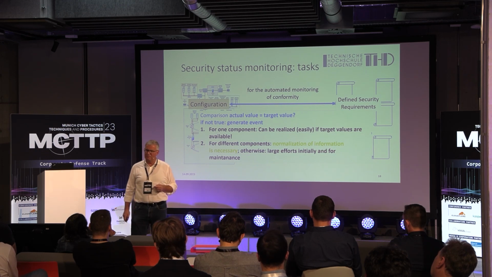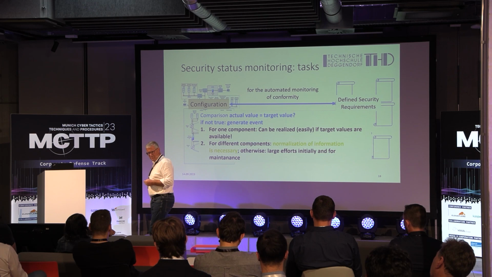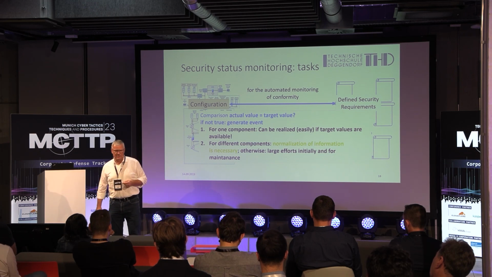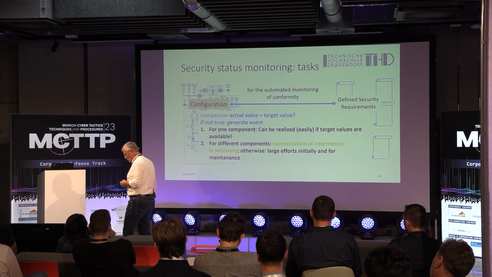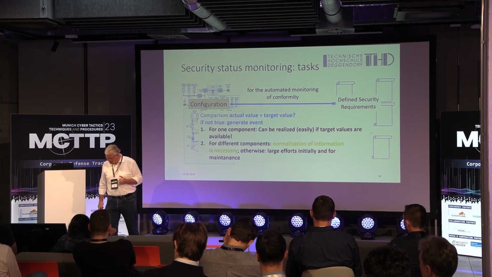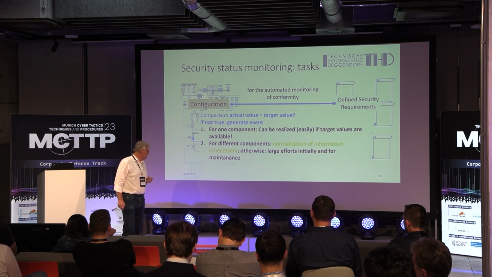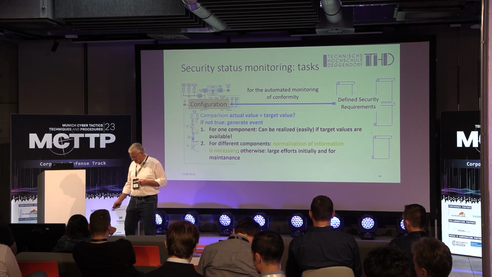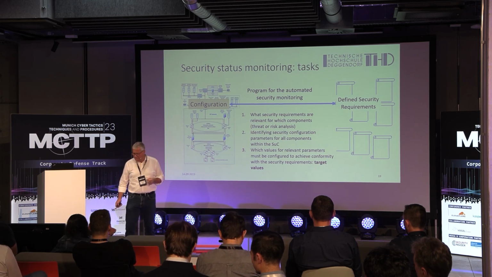Like, for example, minimum password length. The name for this is different for different components. So we need a normalization to be able to do this check. So that is a large effort initially and for maintenance.